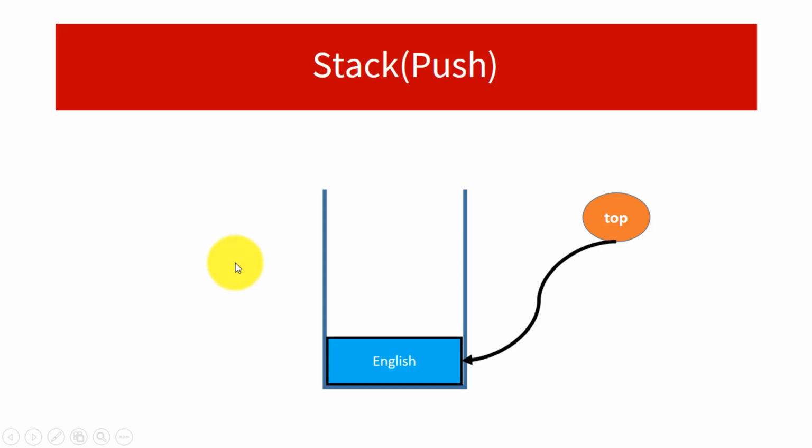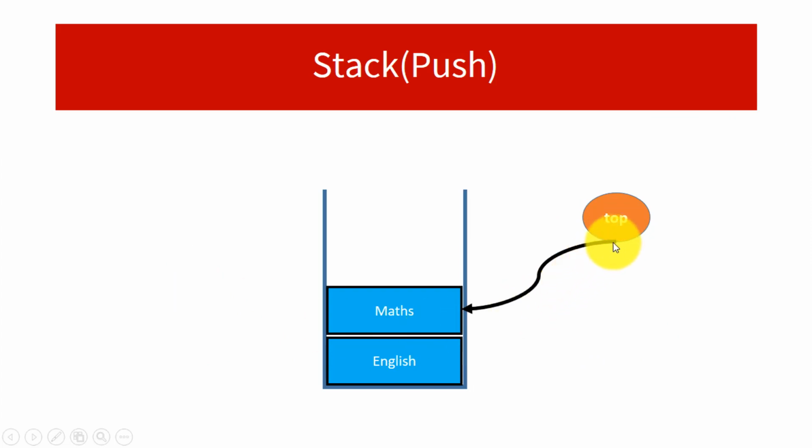We will push that book, and the top of the stack will be pointing to the top element on the stack. So if you want to insert another book of mathematics, it has to go on top of the stack. And this particular marker, or we would say it's a pointer which points to the top of the stack, will be updated when we push more and more elements. So let's push the mathematics book on top of the stack, and as you can see, the top pointer has been updated, and now it points to the top element of the stack.